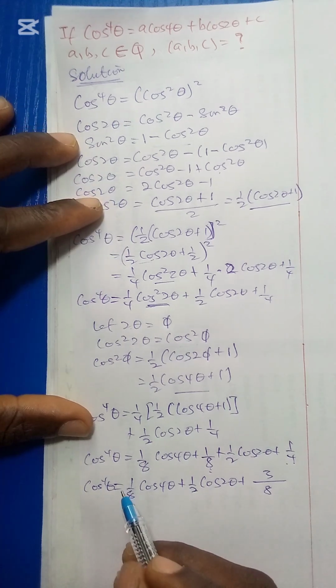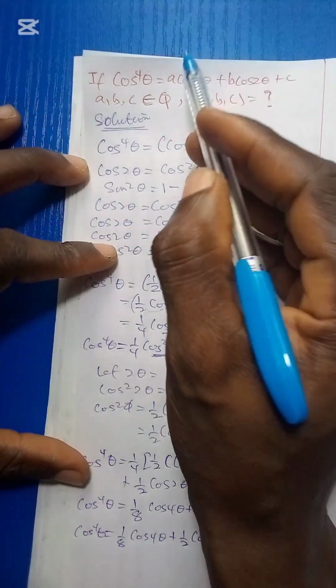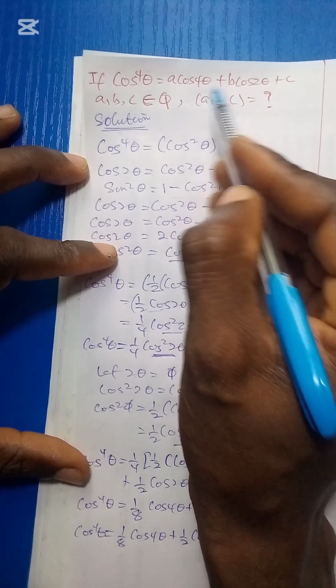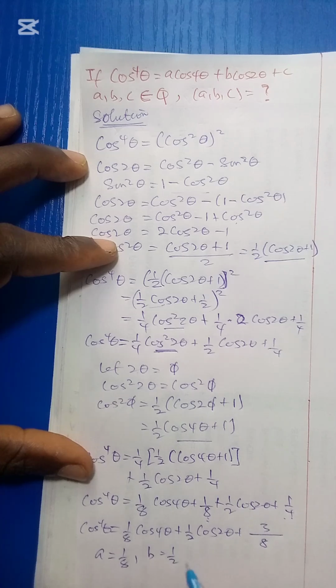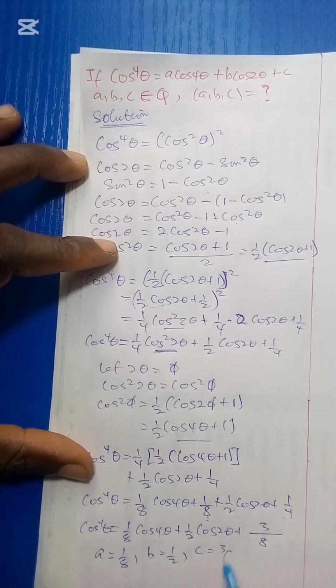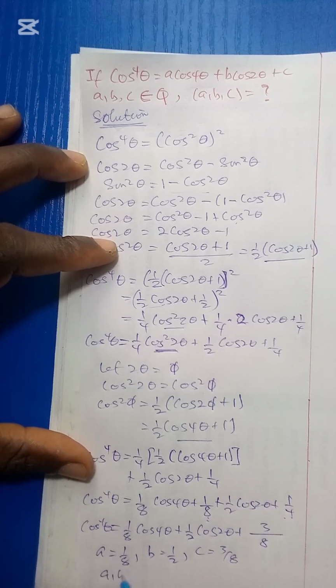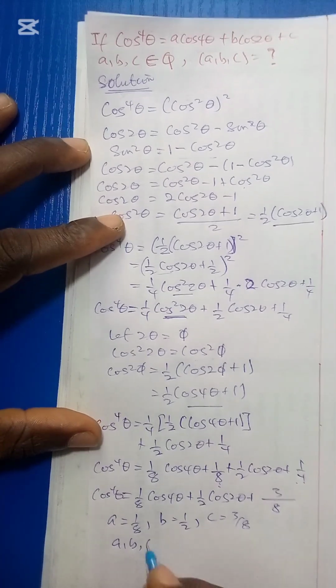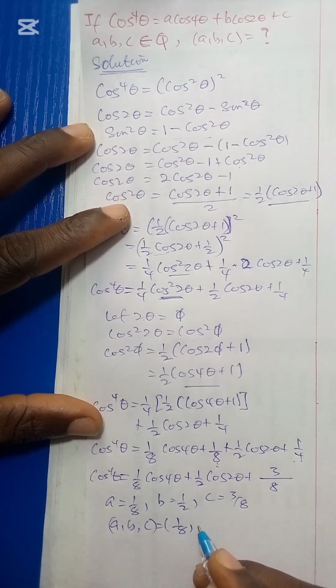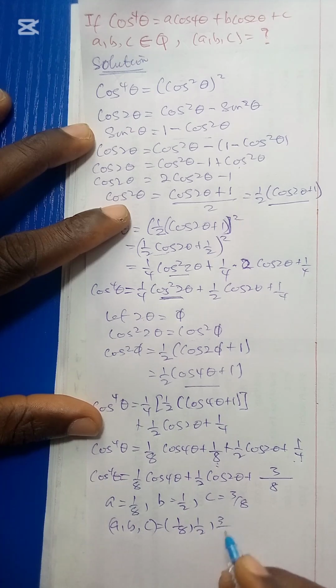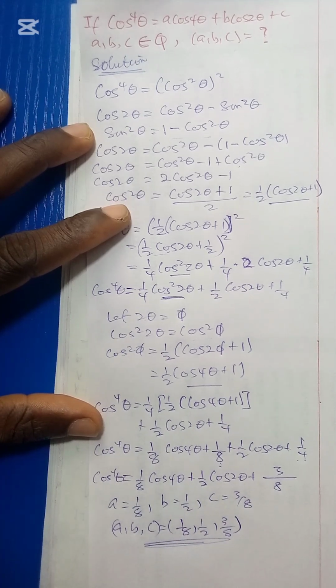Now let's recall that the question says a, b, and c are constants. So our a is 1 over 8, then our b is 1 over 2, and our c is 3 over 8. Therefore, a, b, c is equal to 1 over 8, 1 over 2, 3 over 8. This becomes the answer.